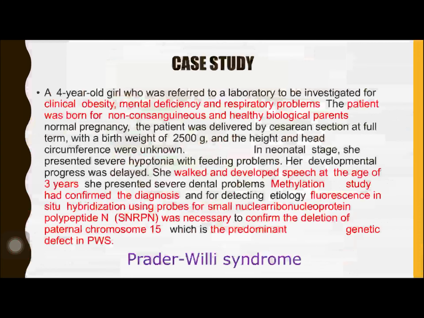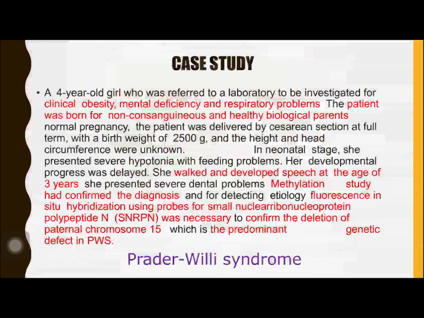And this is a case study and examples for diagnostic application of FISH of a 4-year-old girl who was referred to a laboratory for investigation of clinical obesity, mental deficiency, and respiratory problems. The patient was born to non-consanguineous and healthy biological parents.